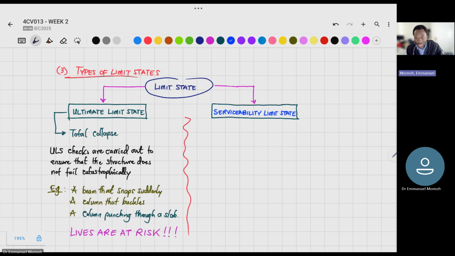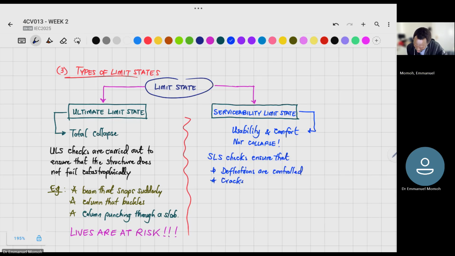What about serviceability limit state, which is the second limit state? This is about the usability and the comfort of the structure, not about total collapse. So we carry out serviceability limit state checks, which we call SLS. SLS checks ensure that deflections are acceptable, cracks are controlled, and vibrations are not excessive.